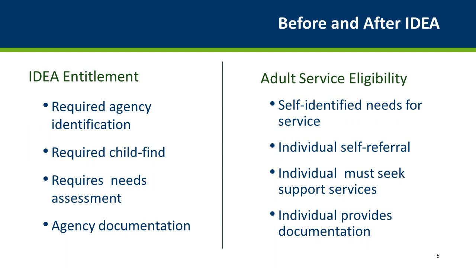So IDEA, the law that governs special education, really is an entitlement law, meaning that agencies or schools need to be proactive in identifying what a student needs and documenting and giving that assistance. It's a proactive entitlement law. Once a student transitions into adult services, they're governed by things like the Americans with Disabilities Act, which is really a civil rights legislation.